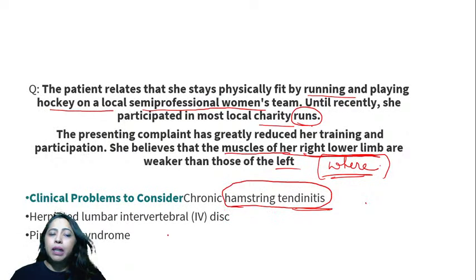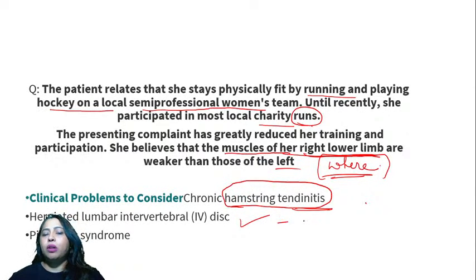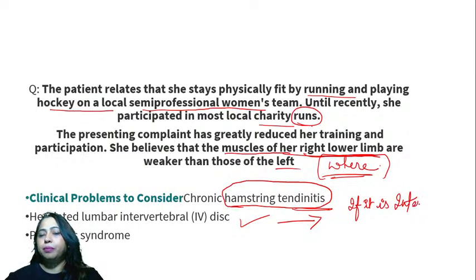The other one is herniated lumbar disc could be the problem for her pain. Okay, so she may not be exactly mentioning where exactly is the pain. So it also depends on the herniated disc. If it is interfering with the roots, because you know that there is a lumbar plexus, there is a sacral plexus.